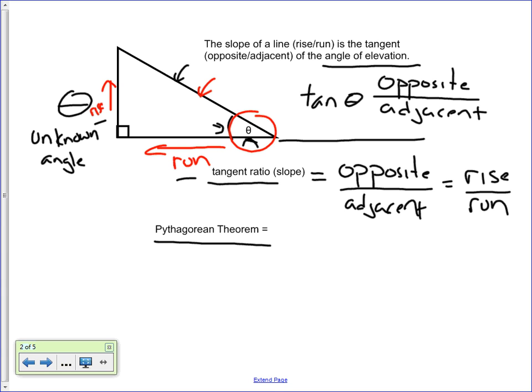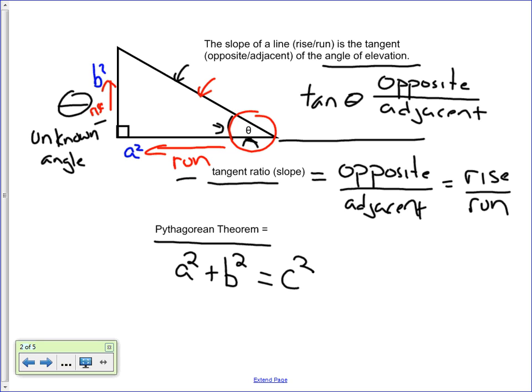The other thing to make mention of, and we will deal with an example of this, is the Pythagorean theorem. The Pythagorean theorem can be broken down into the following formula: a squared plus b squared equals c squared. If we go to a triangle, that line right here, which is our run, is representative of a squared.